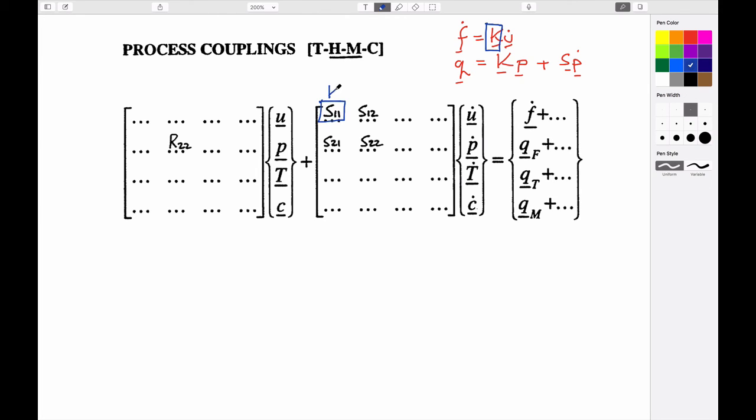I suppose we should call this something like k fluid. This k term that operates on pressure would be this, kf, say. And we'd have one other term, which would be the storage term, which operates on rates of changes of pressure, which would be this term here. And so these would be the individual components that we have here.